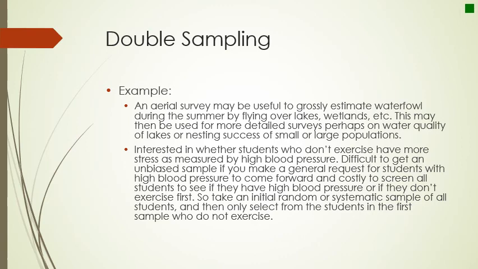So what you might do first is just go out and do a survey and say, do you exercise or not? It might be pretty quick and easy to do that. And then from those students that do not exercise, you then take a random sample to obtain measures of blood pressure. Again, in these cases, you're really only interested in that portion of the population that has a characteristic of interest.